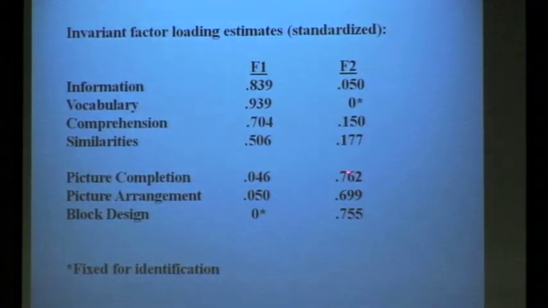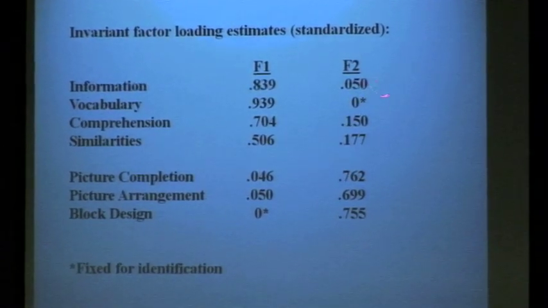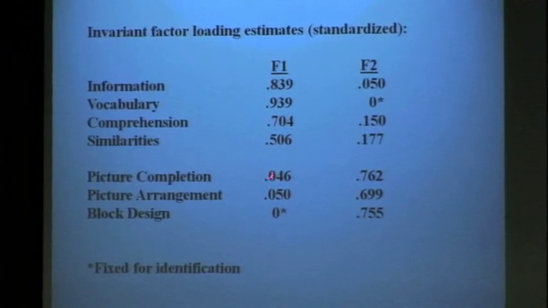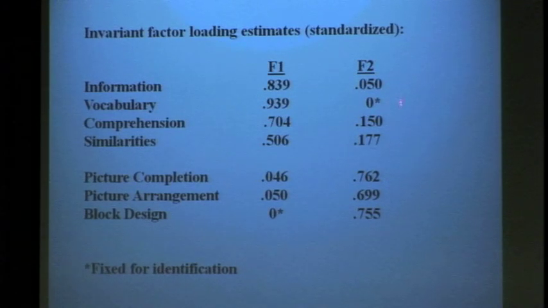These three are primarily loading on factor 2. But with 2,000 cases, these loadings here and here, they're not zero. They're statistically different from zero. So that step where I tried to make them zero didn't work. But they're close to zero, even if I estimate them. I mean, they're pretty small.